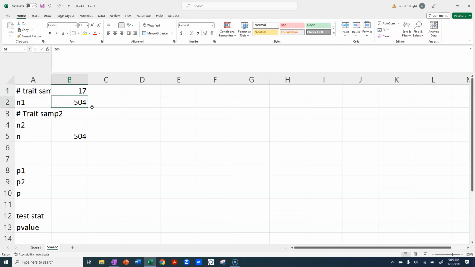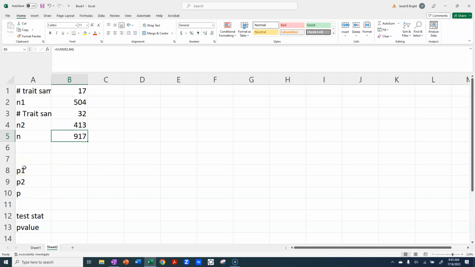So we're treating the trait of interest as having a staph infection after receiving treatment or placebo. In this group, it was 32 out of 413, and we should have 917 in total. Good.